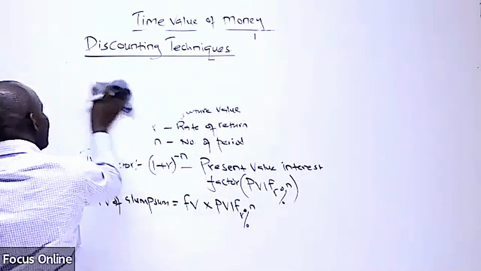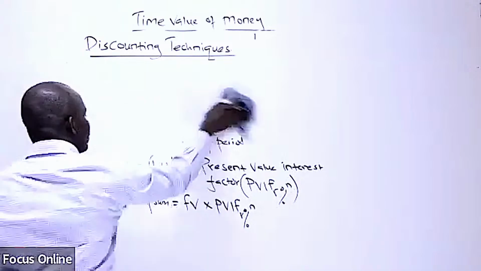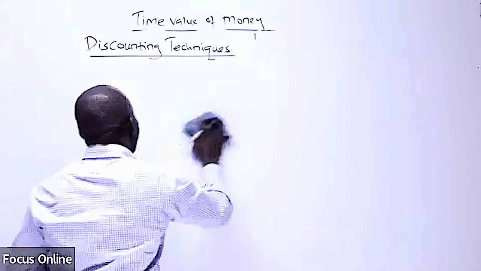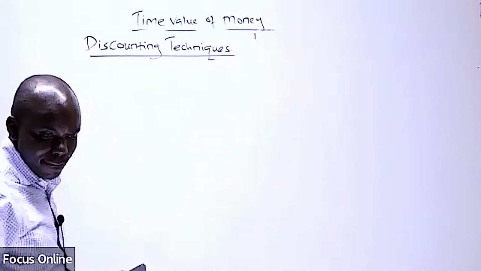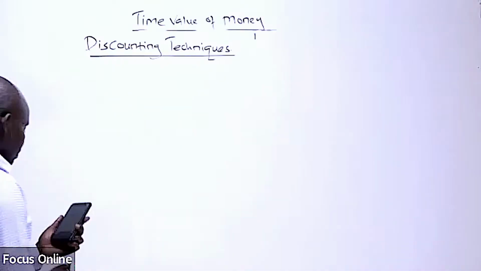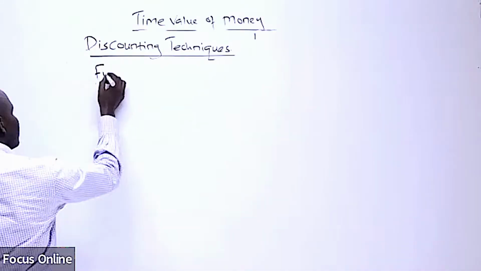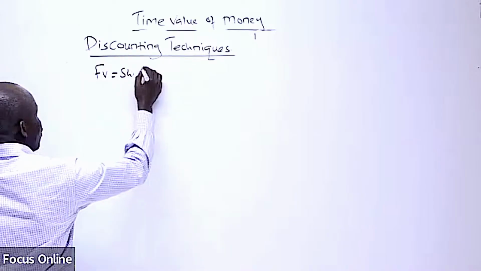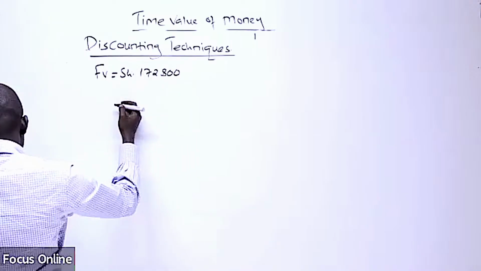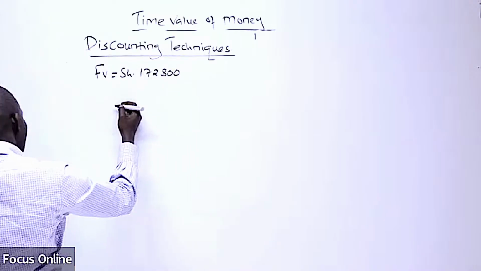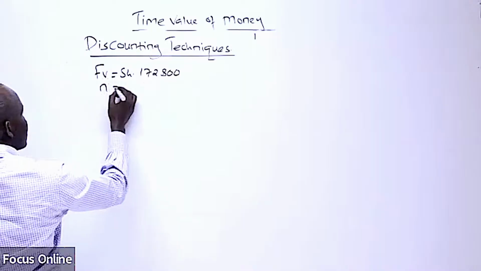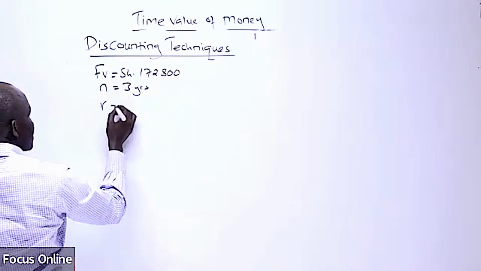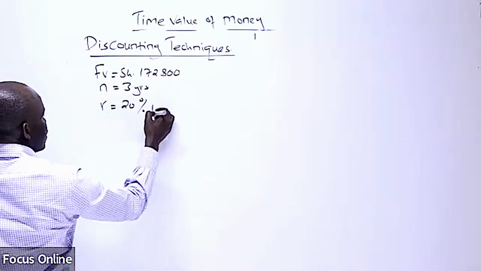So here we have been given the future value. Future value is the amount that you will receive in future: 172,800, 3 years from now, and the rate of interest is 20% per annum.